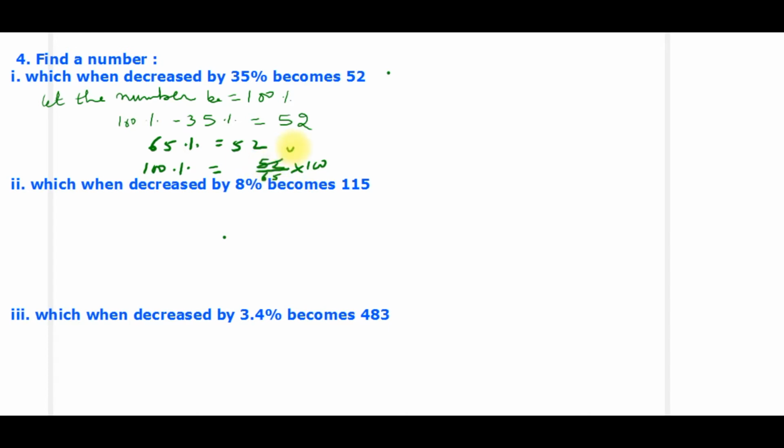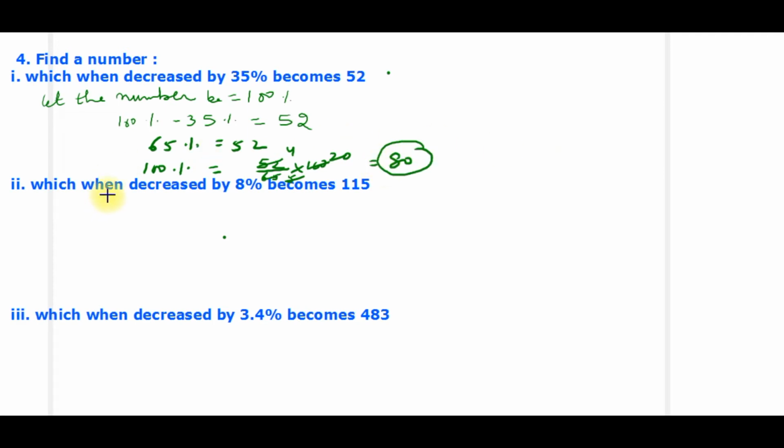So 13 4s are 52, 13 5s are 65, 5 20s are 100, answer would be 80. So the number 80 on decreasing 35% would become 52.